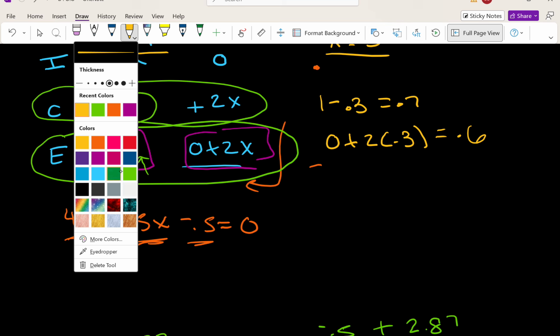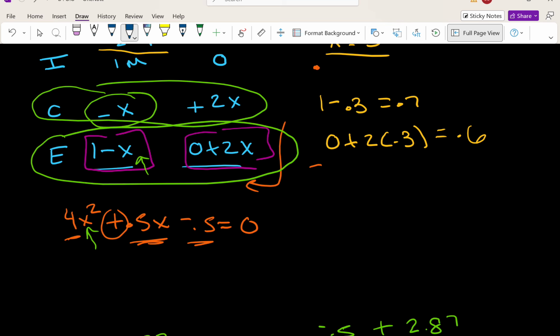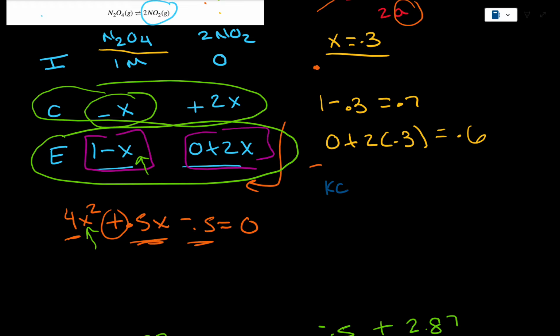So the problem gave us that Kc was equal to 0.5. We used that and the quadratic formula to solve for x, the change, and the change was 0.3.